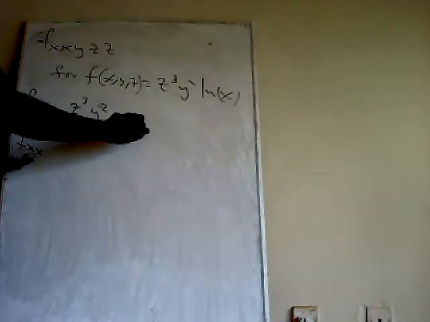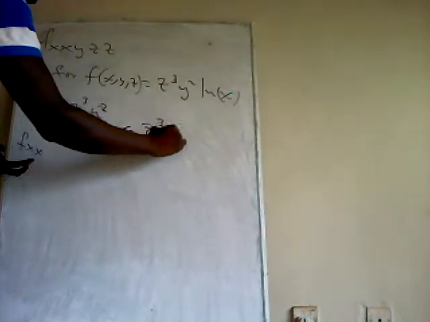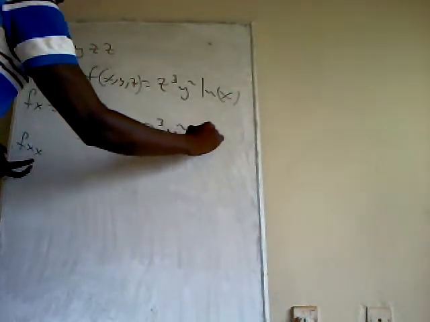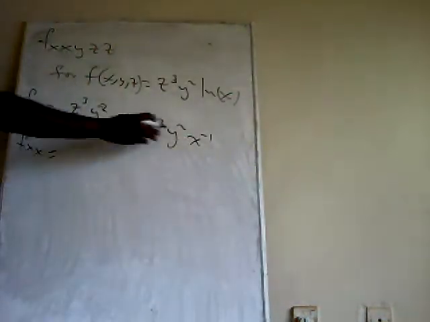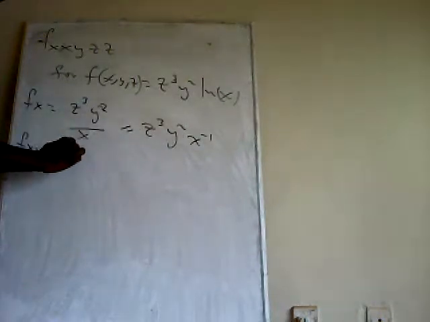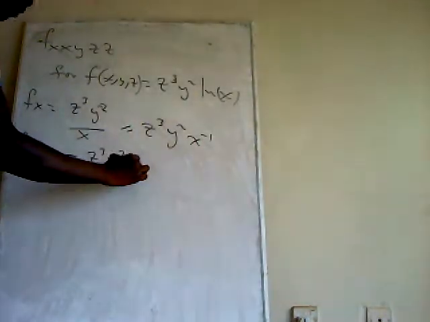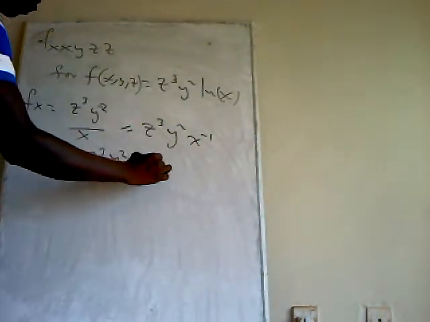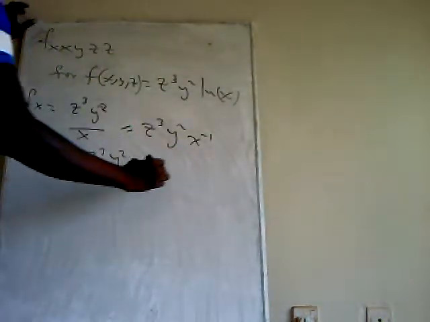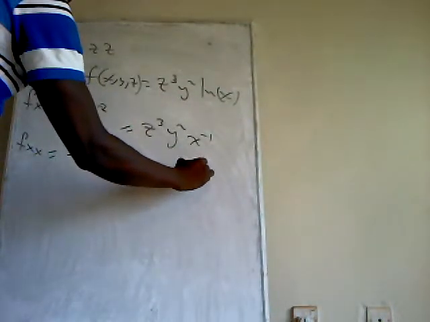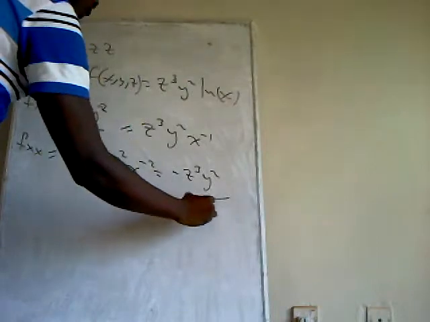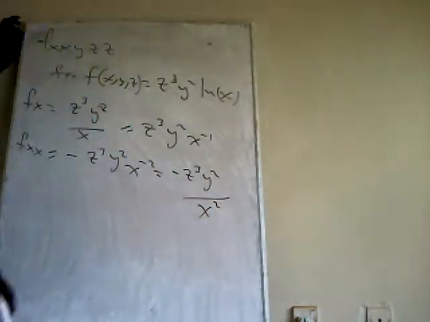Now this can be written as z cubed y squared x to the power minus 1. So here minus 1 will come forward, and I'm going to get minus z cubed y squared x, take minus 1 and I get minus 2. And I want to rewrite this as minus z cubed y squared all over x squared.